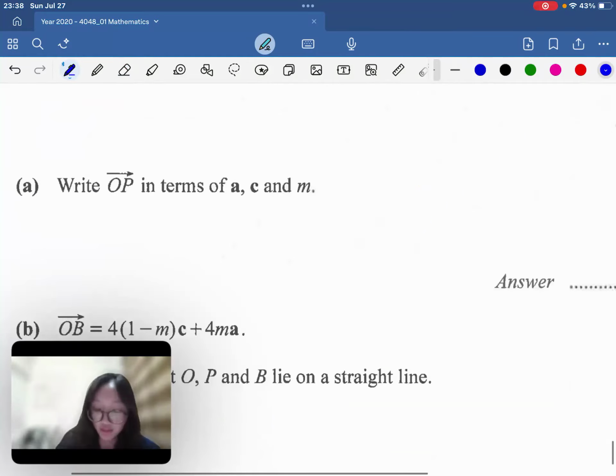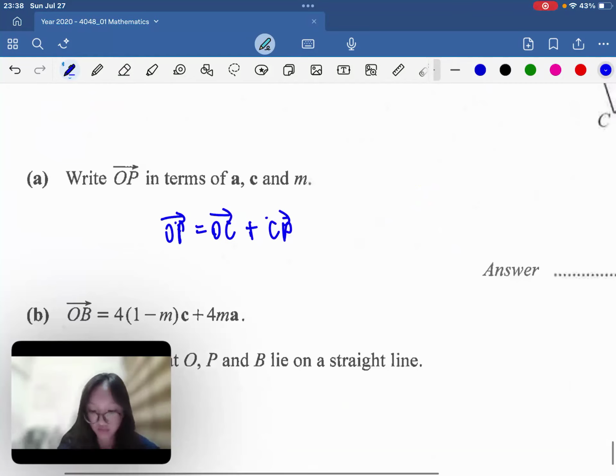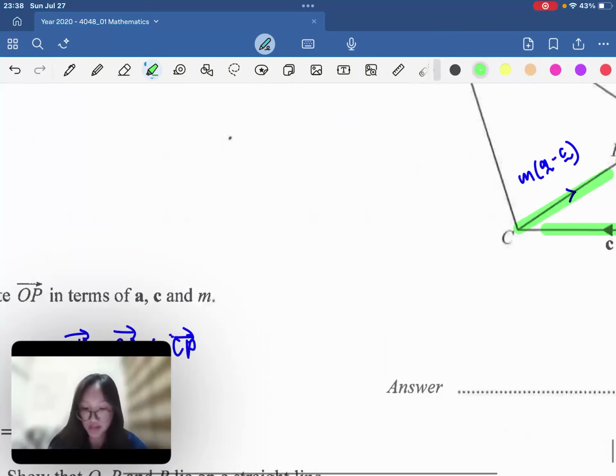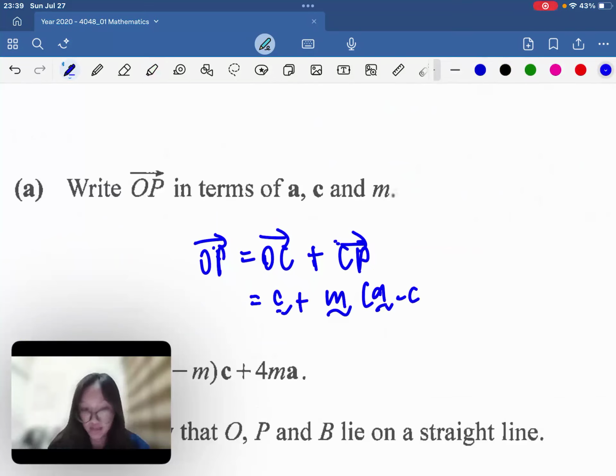So basically OP is simply equal to OC plus CP. This would give us C plus M(A minus C). And therefore the answer is MA plus (1 minus M)C.